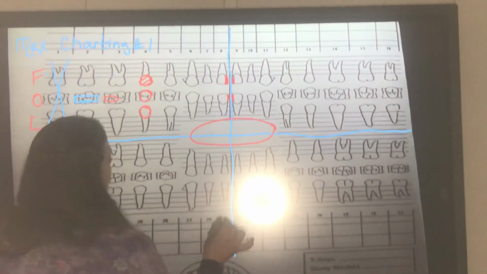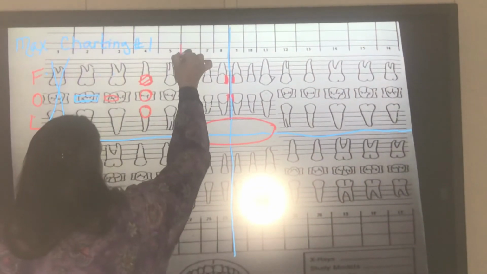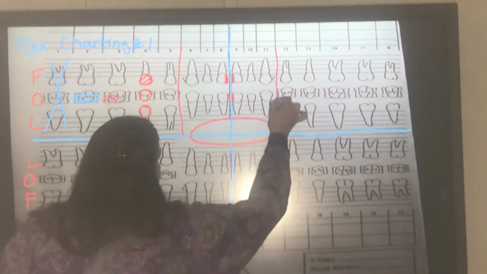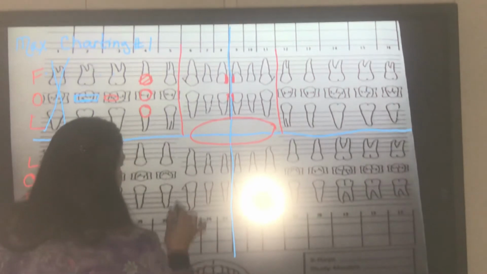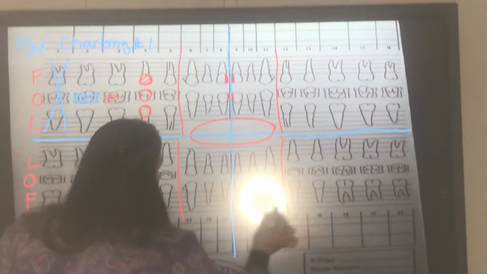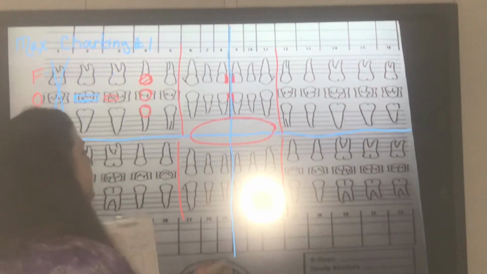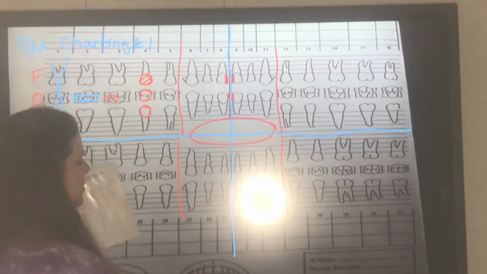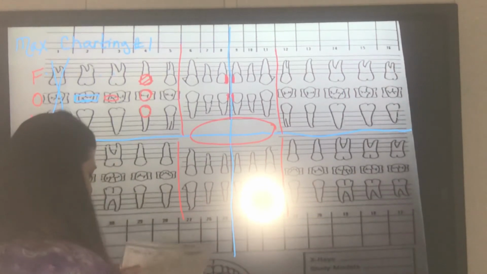By the way, we can mark off our anteriors as well, just like that, and just like that. So now you know where the tongue is, and where the posterior and the anterior teeth are.